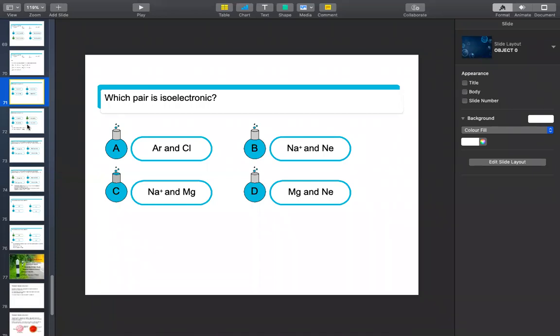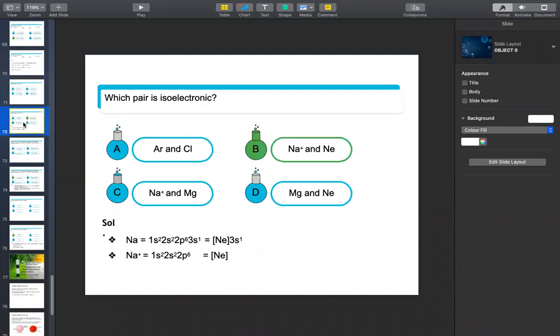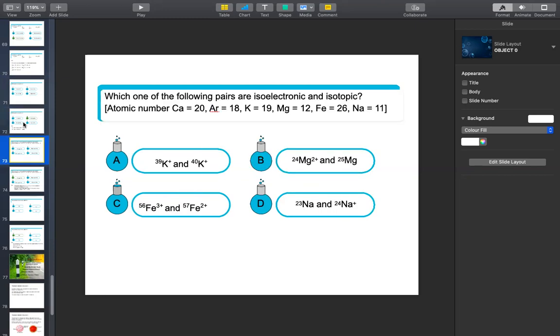Argon has atomic number 18, chlorine 17, so definitely not isoelectronic. Na plus and neon seems to be the correct answer. We have just seen this a few minutes back. Answer is B. Both have the same electronic configuration. Na plus and neon both have 10 electrons.